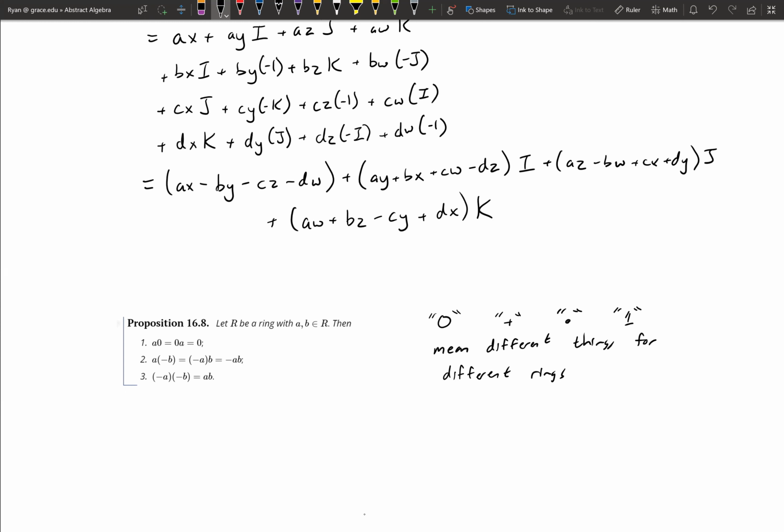So for instance, the zero of the 2 by 2 matrices is the zero matrix. Okay. And the 1 of the 2 by 2 matrices is the identity matrix.